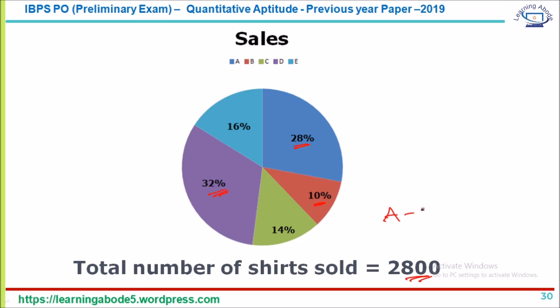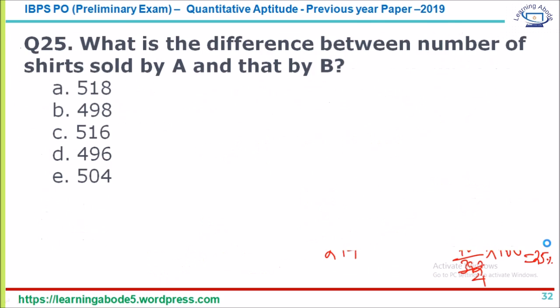So A minus B is 28 minus 10, that's 18%. So 18% of 2800 is 504. Now let's look at the answer choices. That's answer option E, 504.